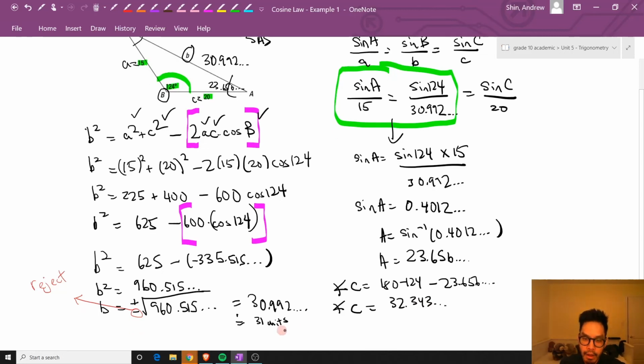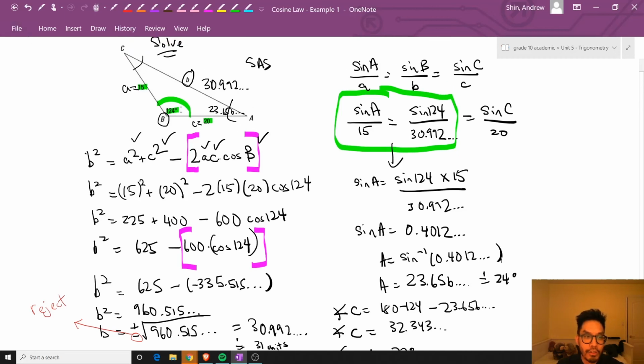And so now we can round to no decimal places. So 32 degrees, and this can be approximately 24 degrees. And there we go. We have now solved the triangle. We know every angle and every side.